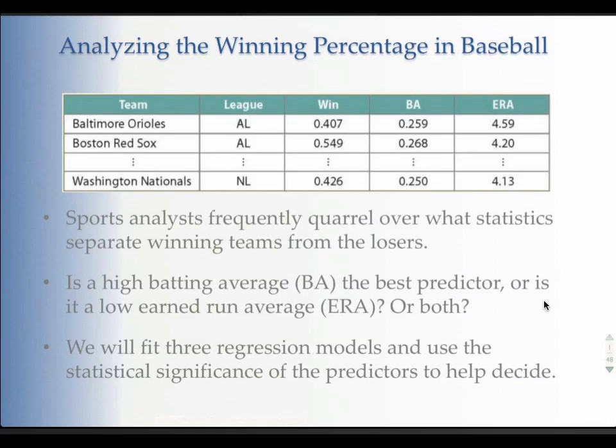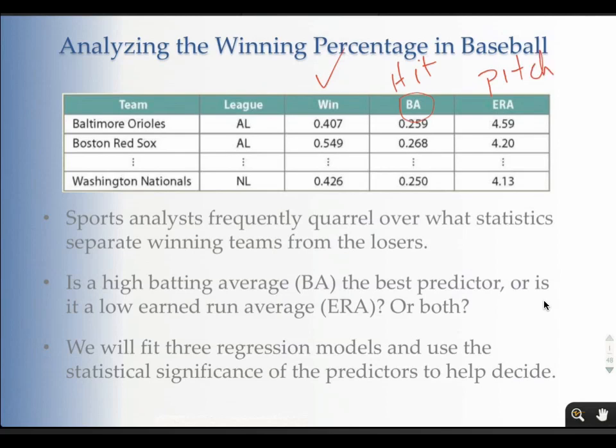Now, you don't need to be a baseball fanatic to understand this, but if you can just imagine that with the different things, obviously you have wins listed, you have batting average, that's what BA stands for, and that's a measure of hitting, and then you have ERA, which stands for earned run average, and that is a measure of pitching.